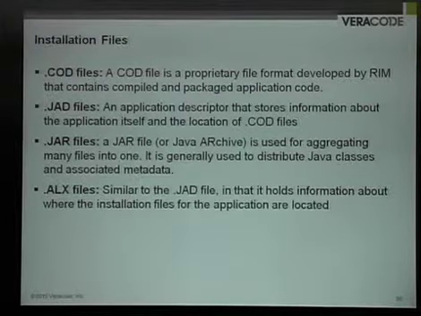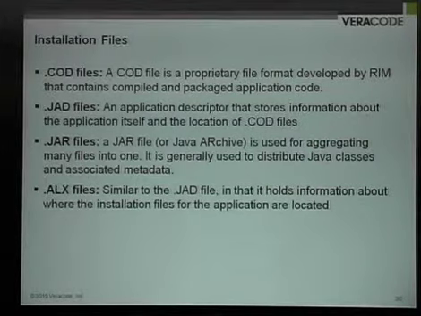So the installation files themselves are the code files. It's a proprietary format developed by RIM. It contains the compiled and packaged application code. We have the JAD files, which is essentially a descriptor that provides pointer and metadata information about the code file, and holds a URL pointer and other items. That one's required for over-the-air installation. We have a JAR file, which is exactly like a Java JAR file.